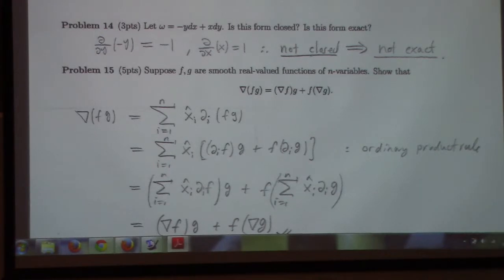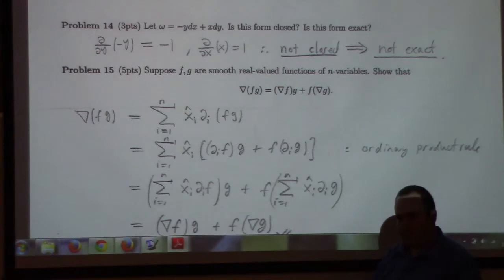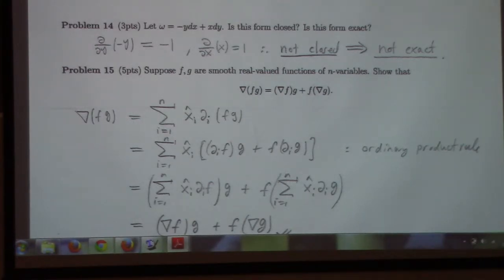So, in other words, the condition I keep telling you guys about is that exact implies closed. If the differential form is exact, that has to imply closed. This implication comes from the second partial derivatives commuting for the level function. So that's what I'm doing here.